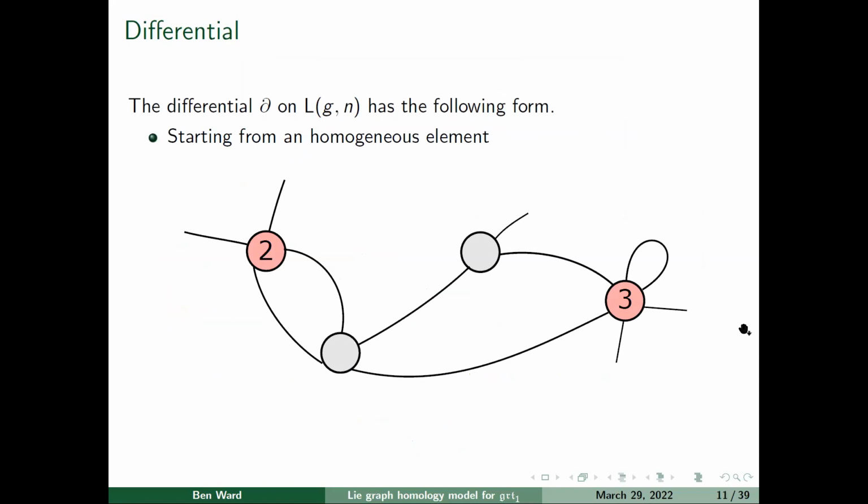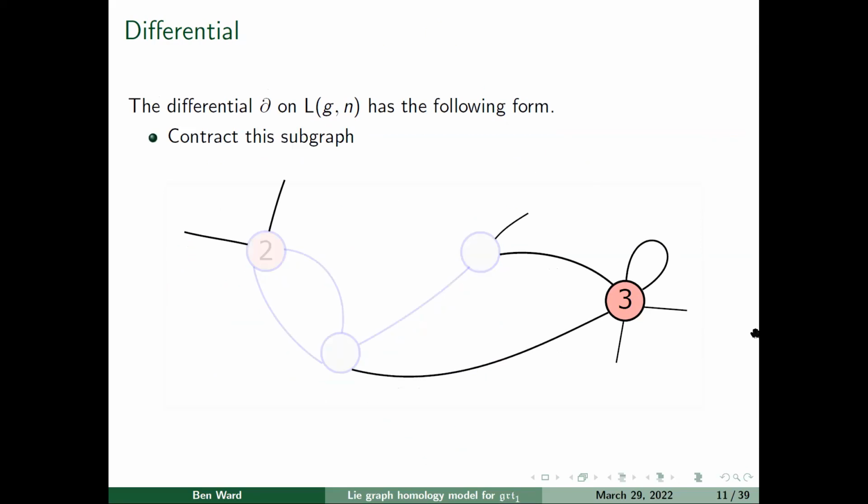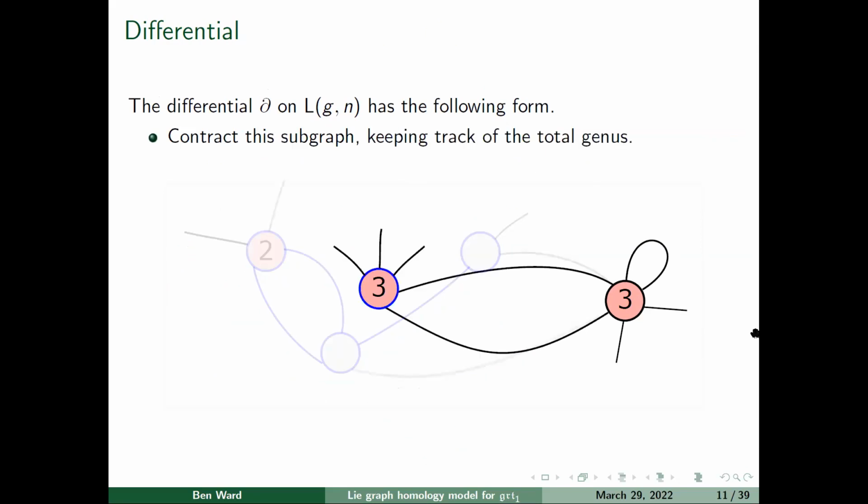So starting from a homogeneous element, that means that I have particular homology classes labeling these two guys. Let me pick a connected subgraph, let me contract it, which means essentially erase it, and then replace it with a vertex, which keeps track of the total genus.